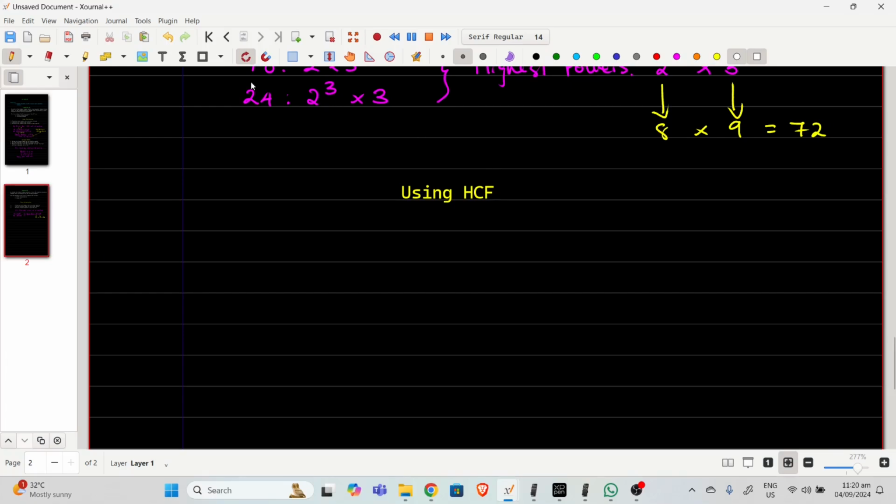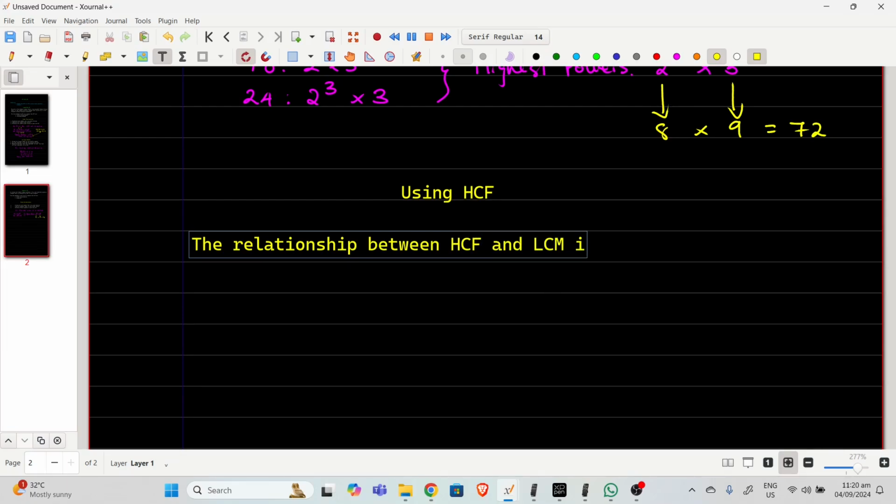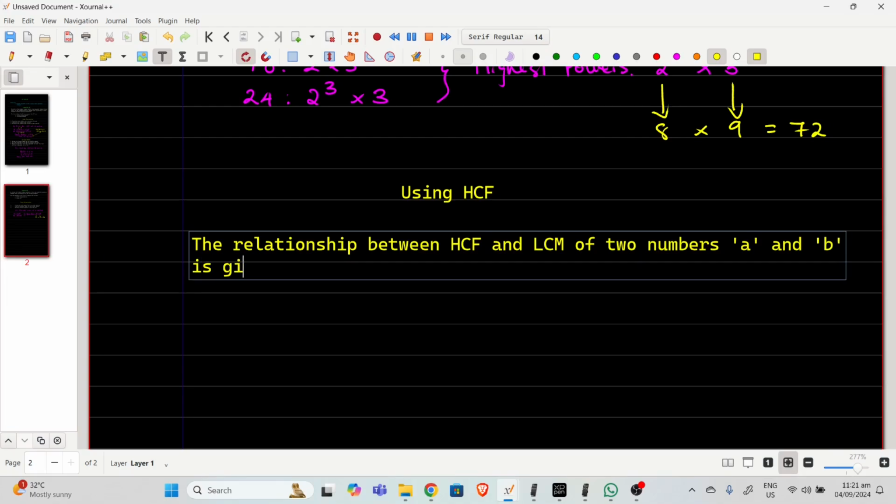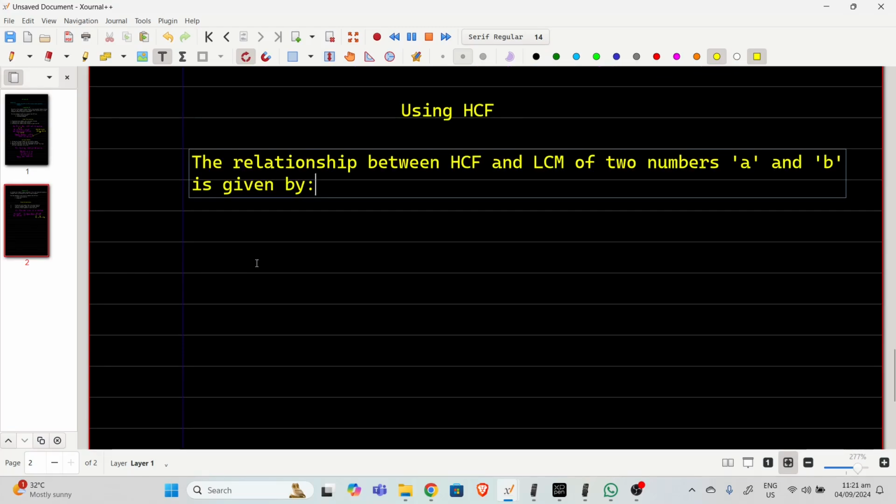So the relationship between HCF and LCM of two numbers A and B is given by, and we use the formula as follows.